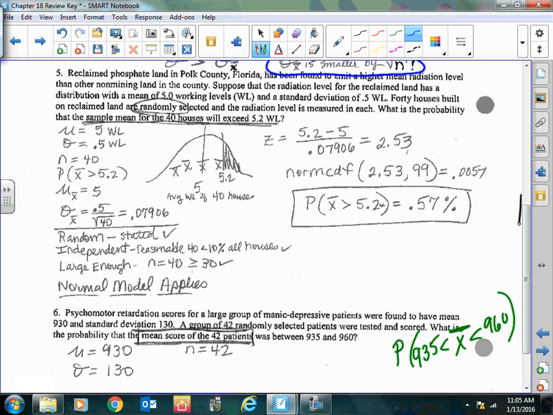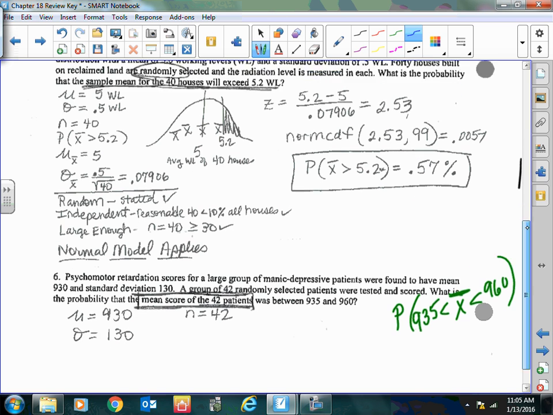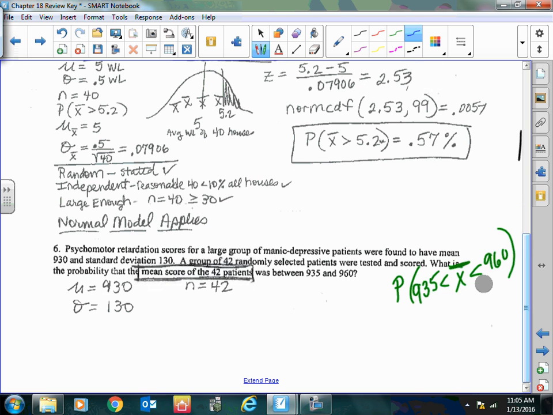Number 5 was pretty much a straightforward problem, so I'm not really going over that one. Number 6 is also pretty straightforward. I wanted to reiterate that you knew you had to do a sampling distribution because it asks, what's the probability that a mean is in between these two numbers?